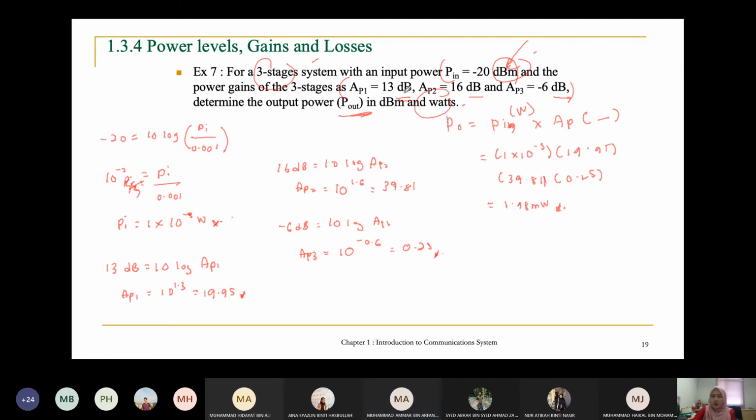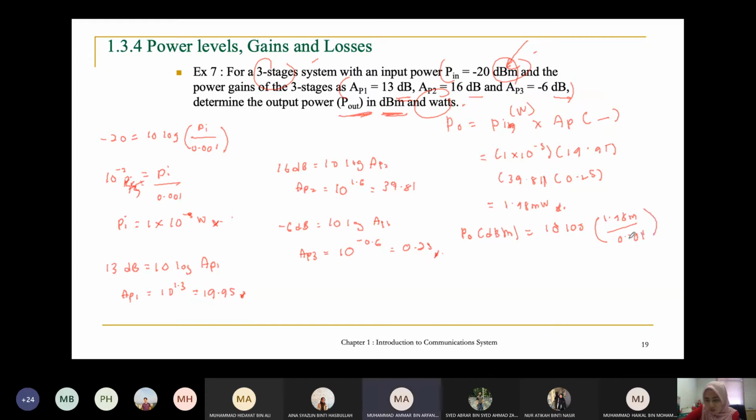The question also asks you to calculate in the unit dBm. So multiply with 10 log P divided by 0.001. So P out in dBm is 10 log 1.98 milli divided by 0.001.